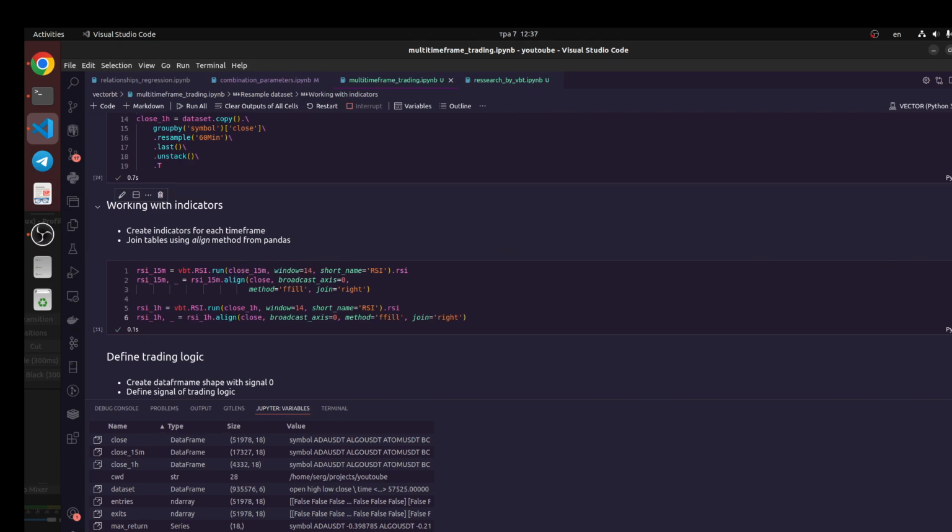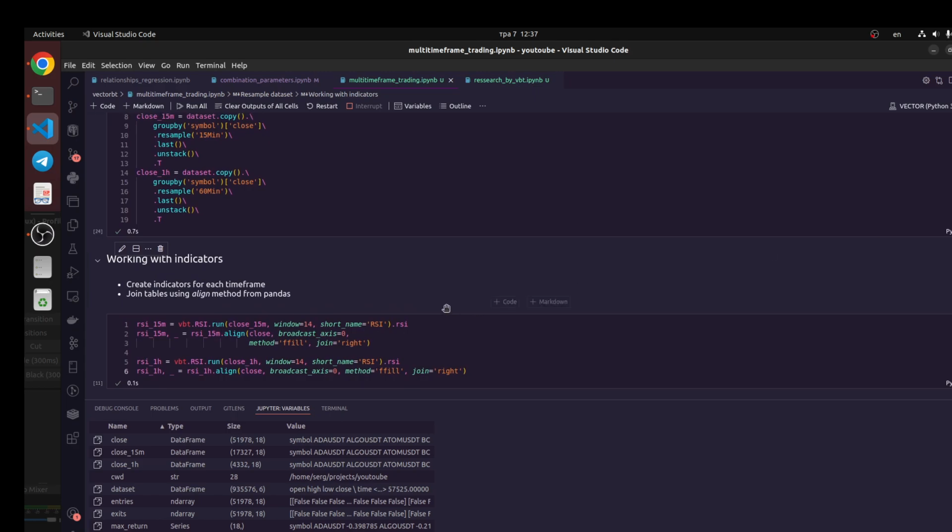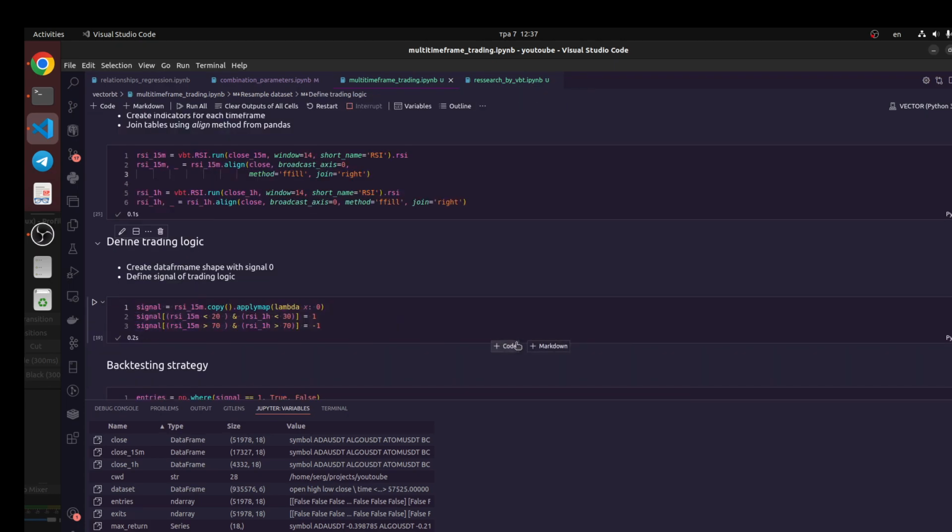and what we need to do is input our resampled dataset, and we indicate our window. And the most important idea is to use the align method from Pandas to make the correct format for our data frame.